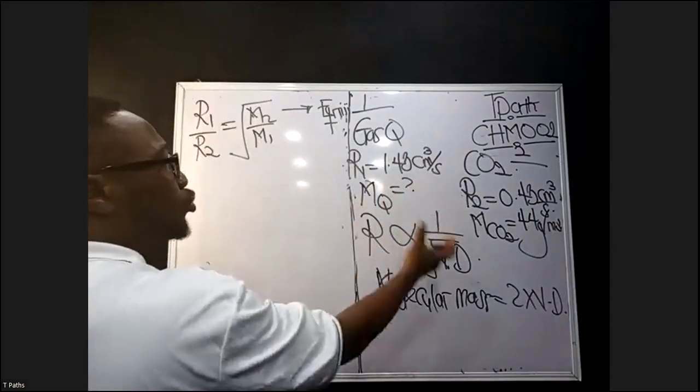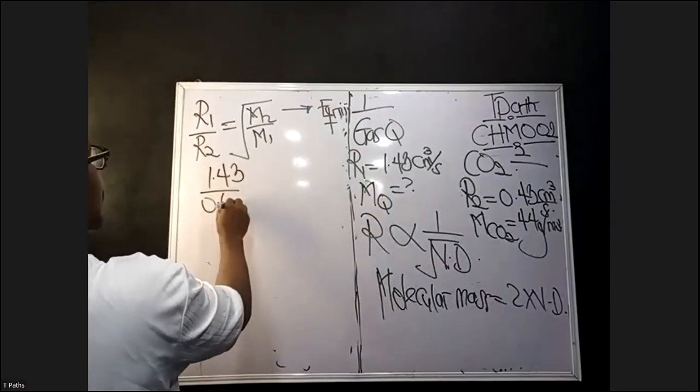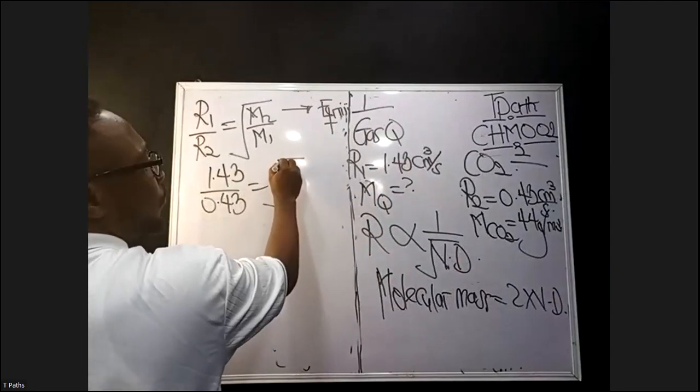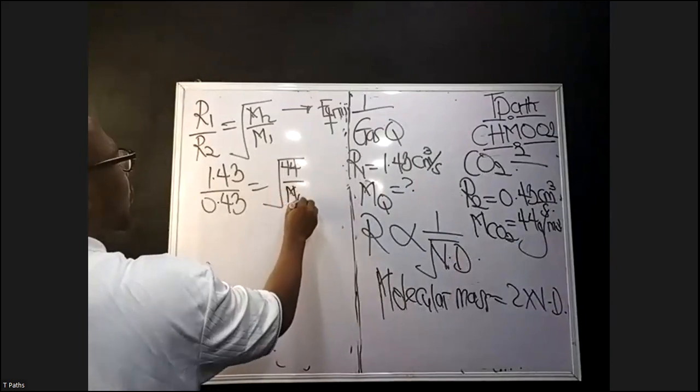So it's easy for us to solve. 1.43 over 0.43 is equal to the square root of 44 over Mq.